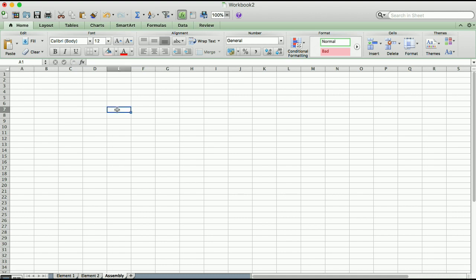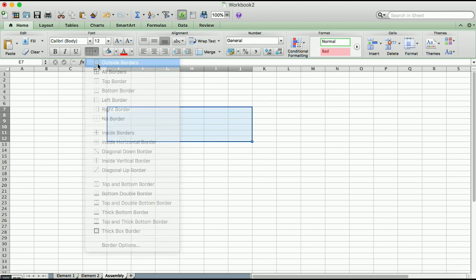So again, similarly, we choose a 6 by 6 field, so that's 4 and 6, and we highlight the area.